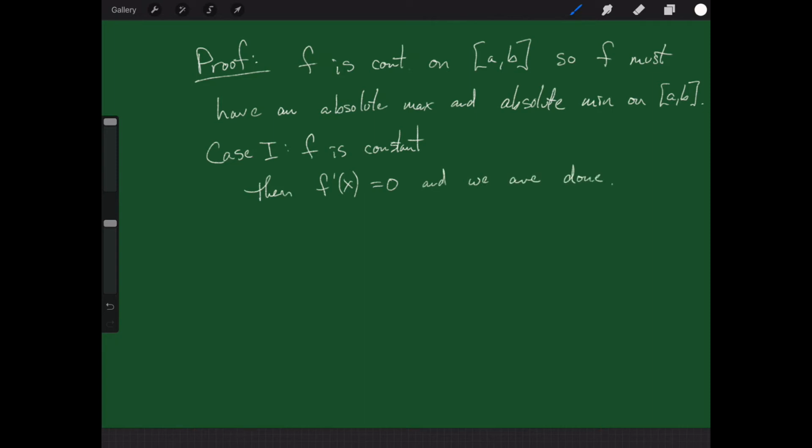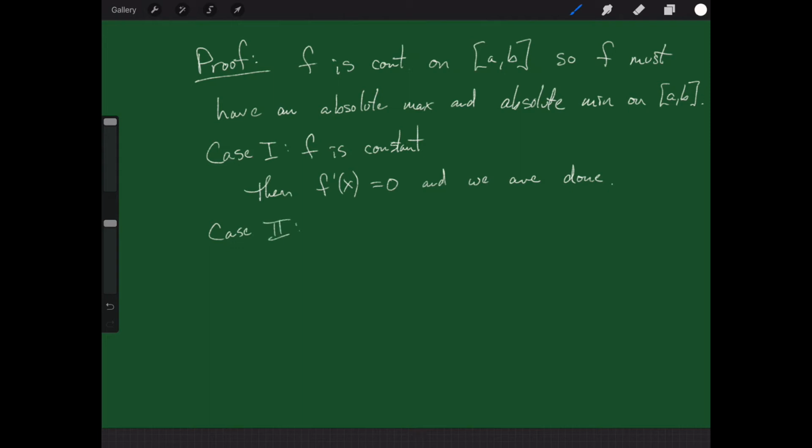We don't just have one point where the derivative is 0. Every point's derivative is 0. So we've got at least one point where the derivative is 0. So we're done. So if f is constant, there's a place where the derivative is 0. In fact, everywhere. So let's move on to case 2.